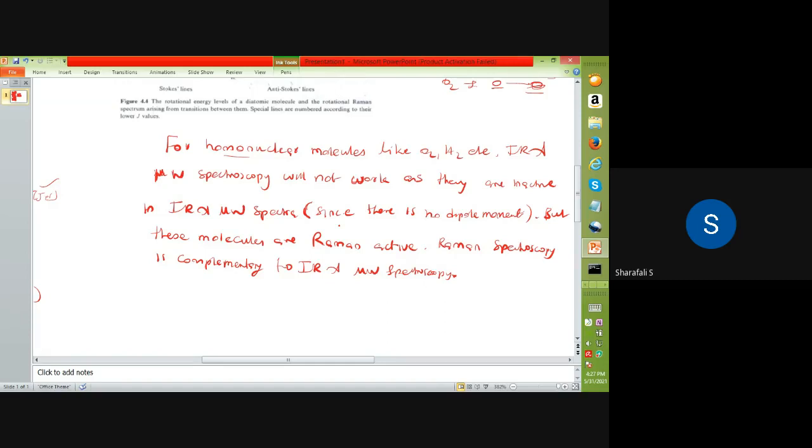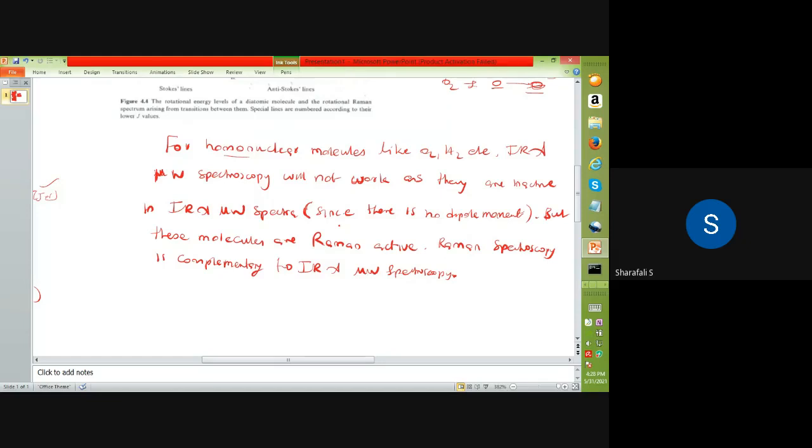It is not just like IR spectroscopy, but it is a complement, because some molecules we cannot study with conventional IR or microwave spectroscopy can be studied using Raman, like homonuclear molecules. They can be studied by Raman because in Raman spectroscopy we need only polarization. Okay, so this is the basic idea behind Raman.